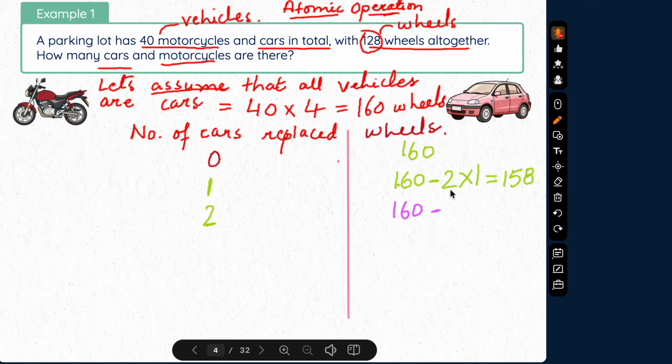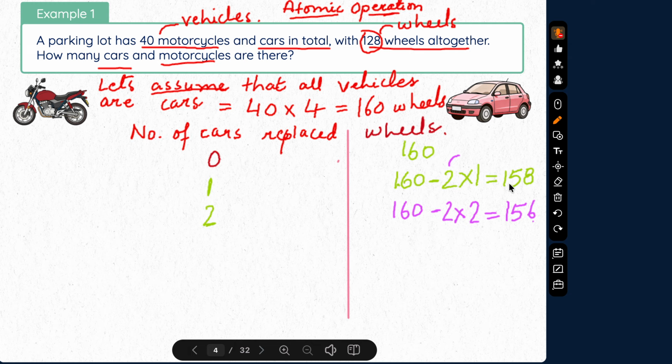Okay, so this is the number of wheels after replacement. So I can write 2 as it is, and here I can write the number of motorcycles, which is 2. I'll get the same answer, 156.